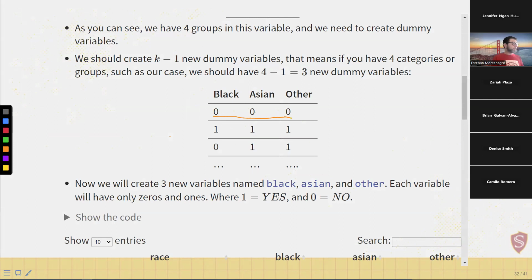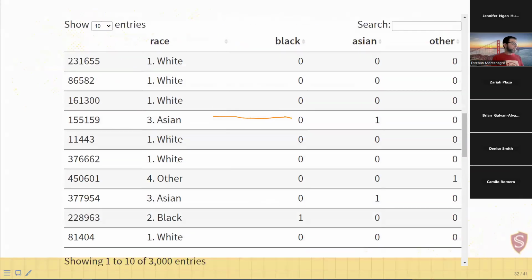So how does it look? In my dataset, you will see three new columns. Now I have race, the raw, original column, and I split it out into three different columns. So now I have a column for black, a column for Asian, and a column for other. If somebody says I'm black, that person is going to be 1.